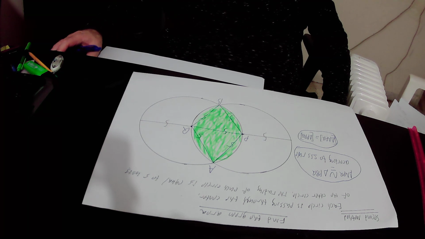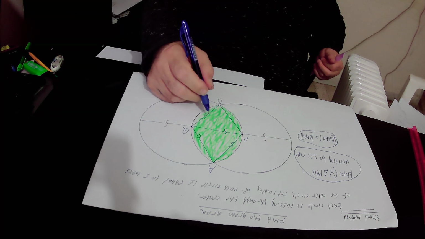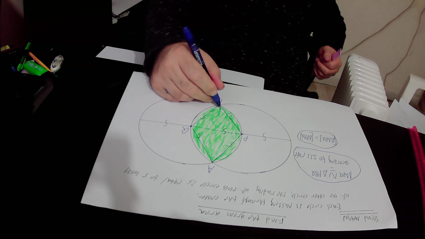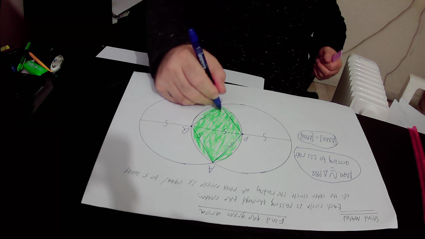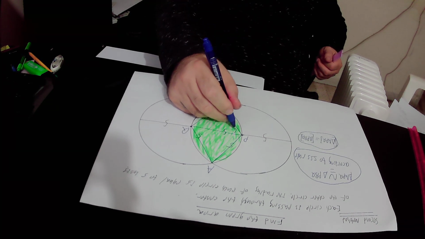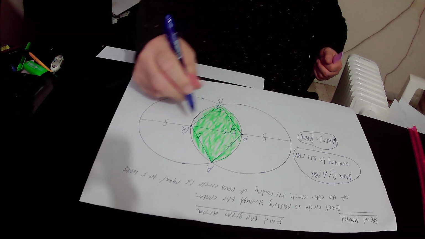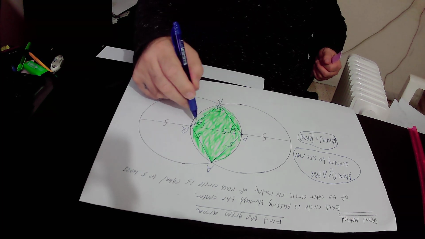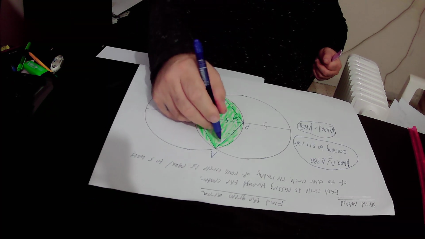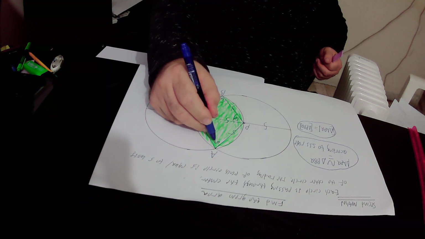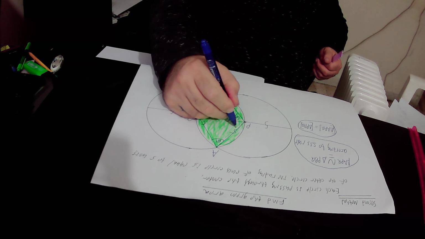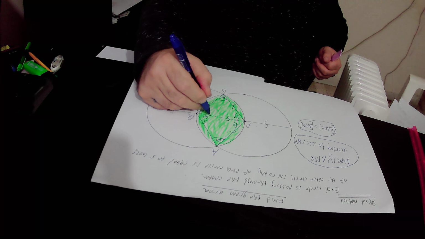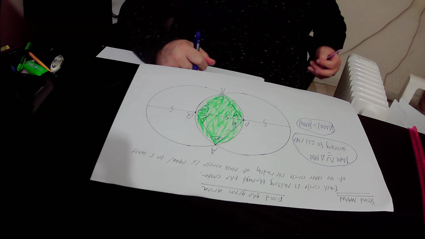And because triangle PBQ is an equilateral triangle, all of its angles are equal to 60 degrees. And because triangle APQ is also an equilateral triangle, all of its angles are also equal to 60 degrees.